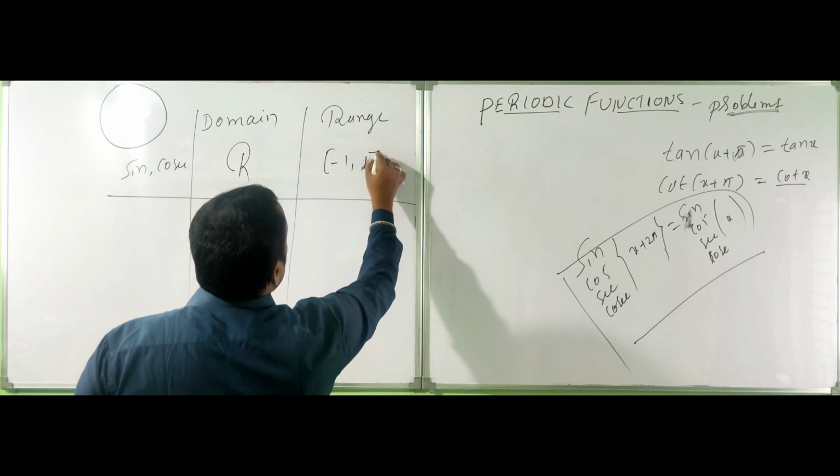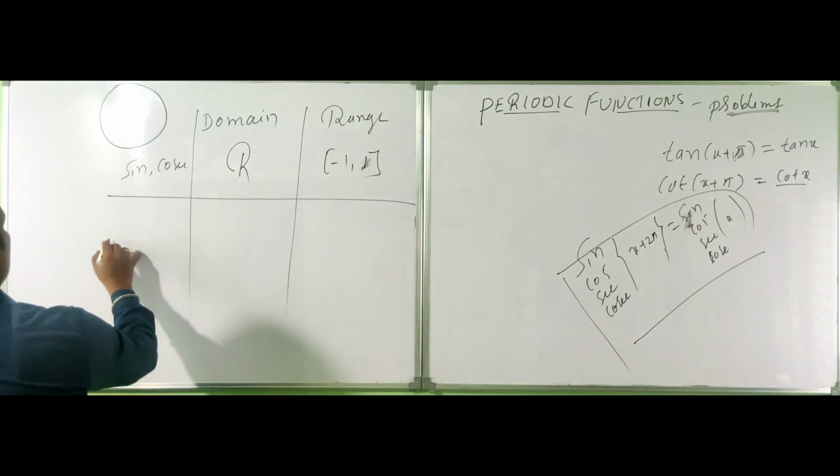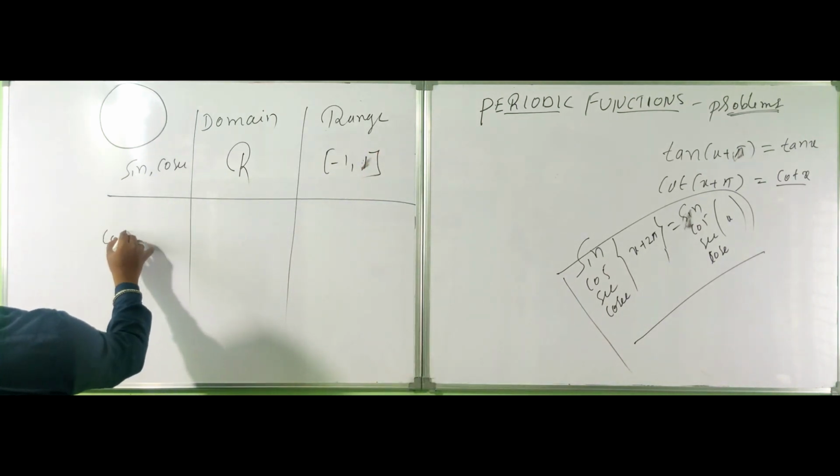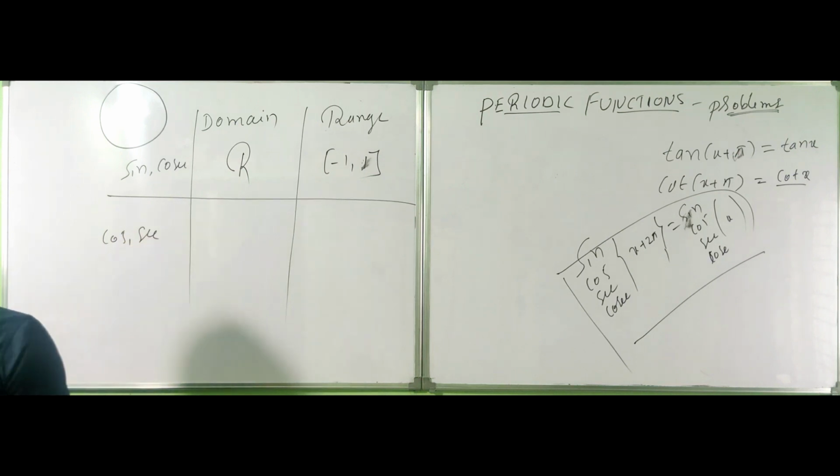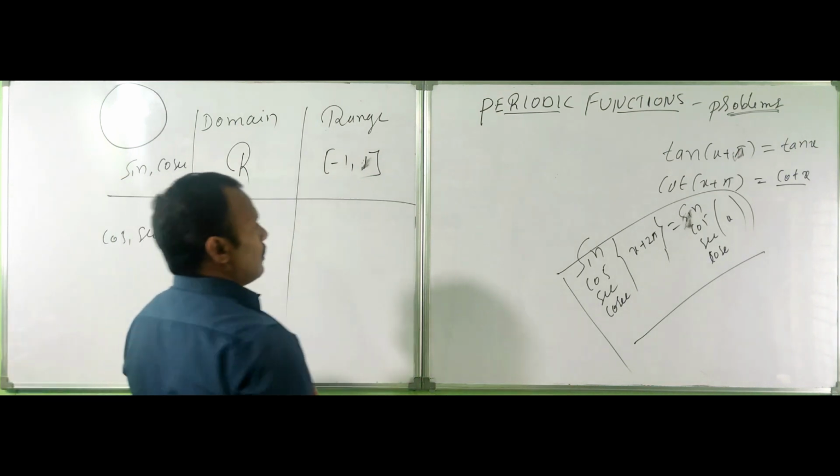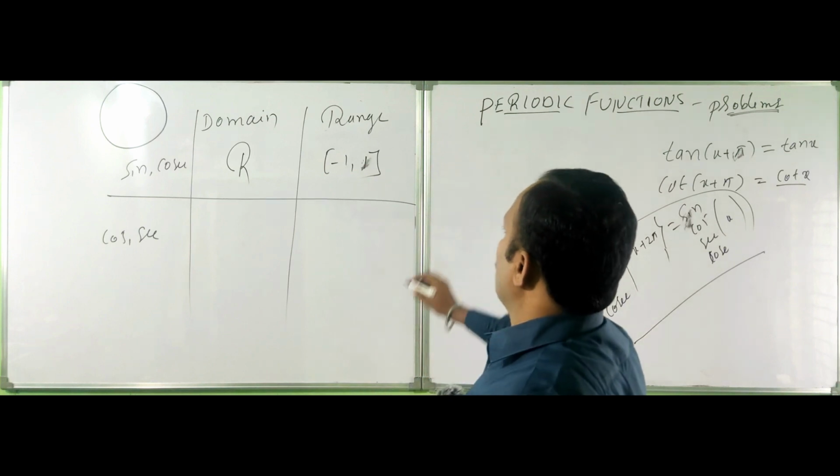You should write this down. Now for cos and secant.